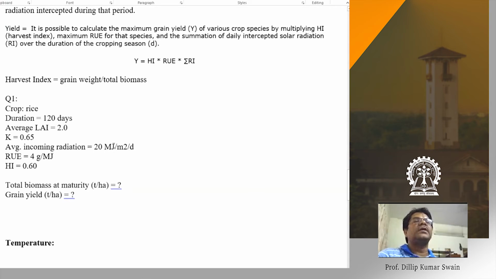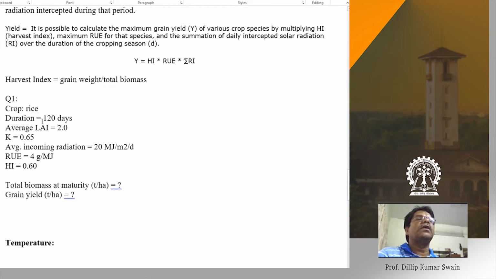But remember that this is the total incoming radiation, and photosynthetically active radiation is 50% of the total incoming radiation. When you talk about radiation interception, that is only photosynthetically active radiation. So that will be 20 into 1 minus e to the power minus k into LAI, divided by 2. That is the radiation interception on a daily basis, in megajoules per meter square per day.